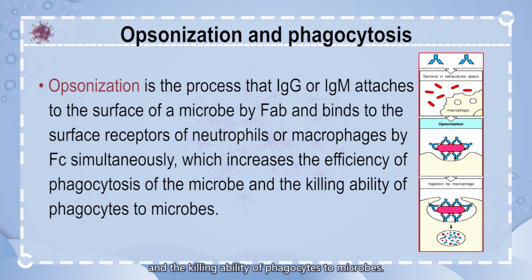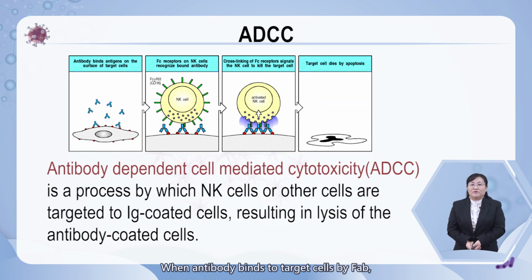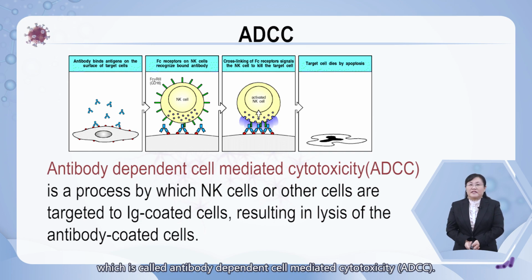When an antibody binds to target cells by Fab and its Fc binds to effector cells such as NK cells, macrophages, or neutrophils, this will lead to activation of effector cells and result in lysis of the antibody-coated target cells, which is called antibody-dependent cell-mediated cytotoxicity, ADCC.